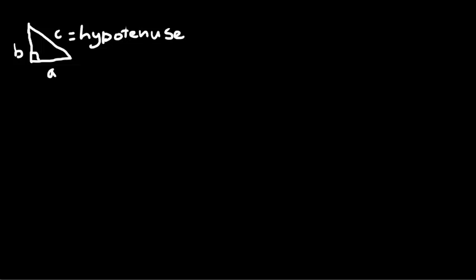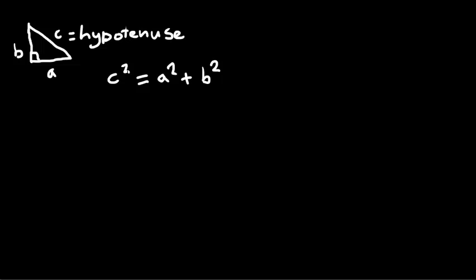Okay? So we've drawn a triangle, we've labelled the sides, and now we're going to write Pythagoras' theorem. So Pythagoras' theorem is C squared, so the length of the hypotenuse squared, equals A squared plus B squared.